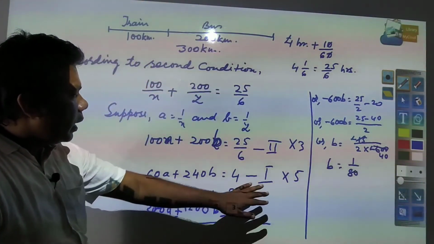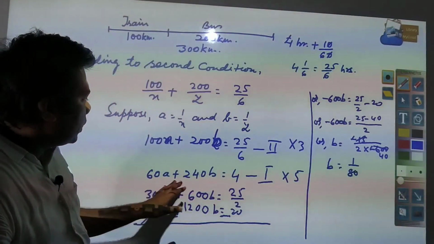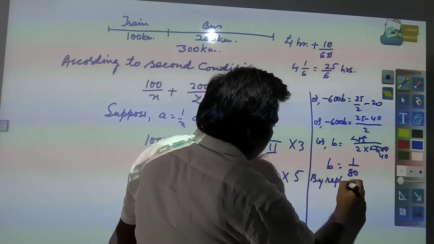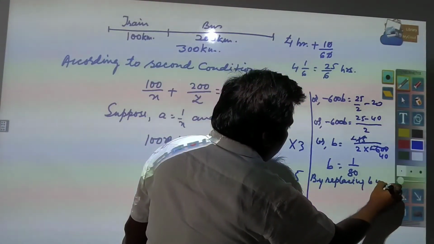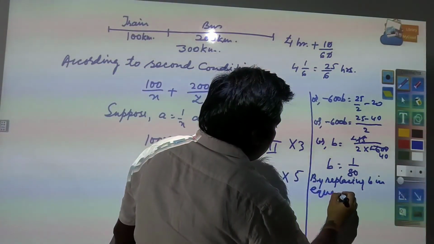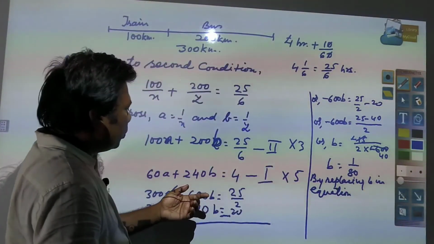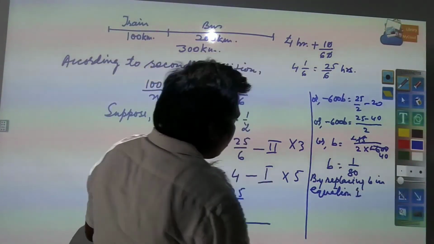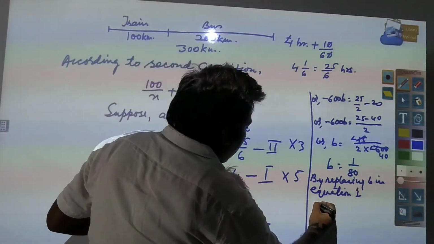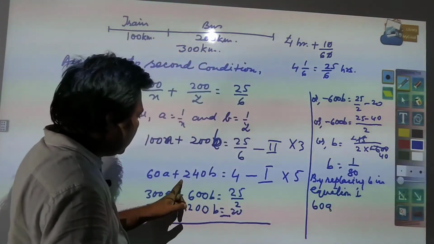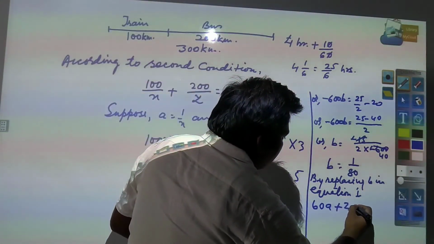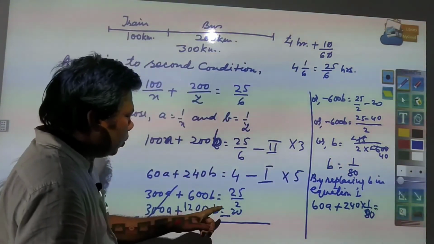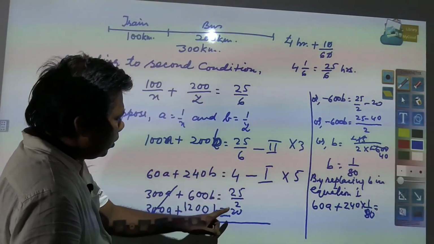And if you are substituting this in any of the equations, suppose we are replacing b in equation 1, then what we will get is 60a plus 240b, with b being 1 by 80, and that is equal to 4.